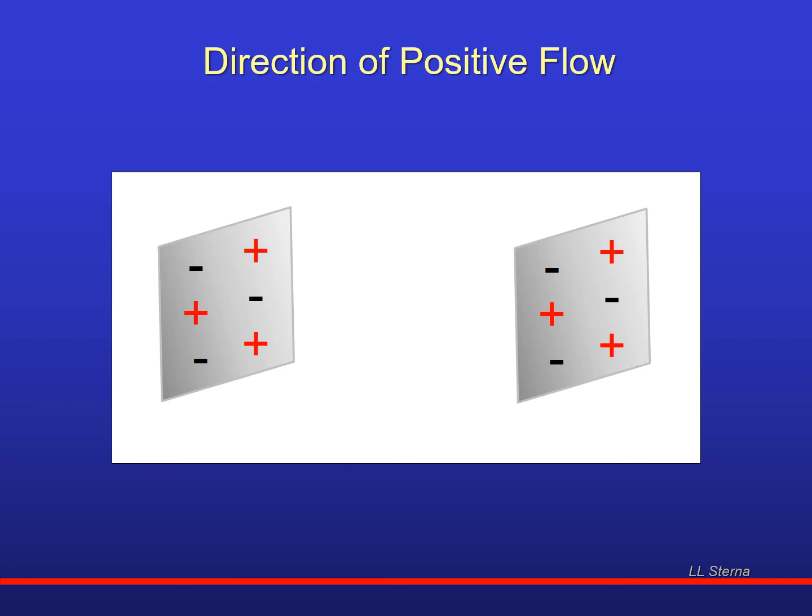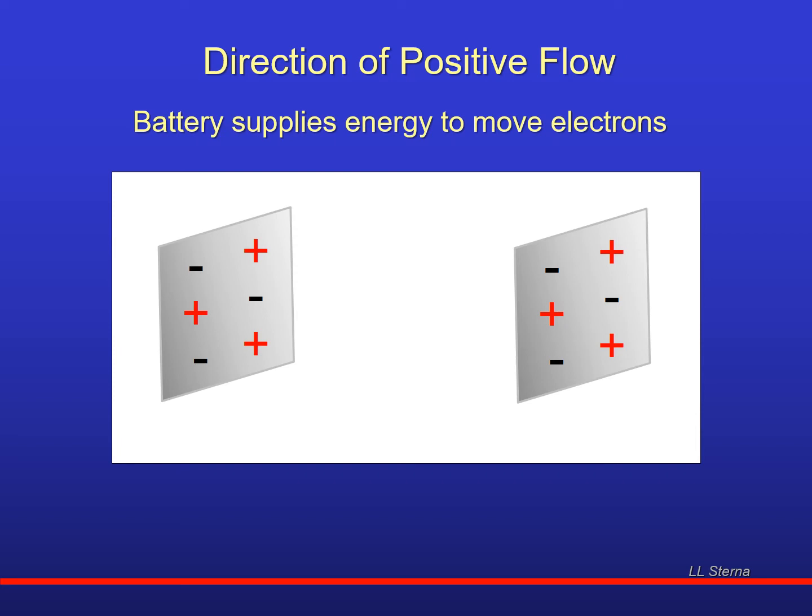This is just for illustration. Equal amount of positive and negative, two neutral plates. To move the electrons, you have to supply some energy. And typically we're talking about a battery, or more commonly it may be a power supply.